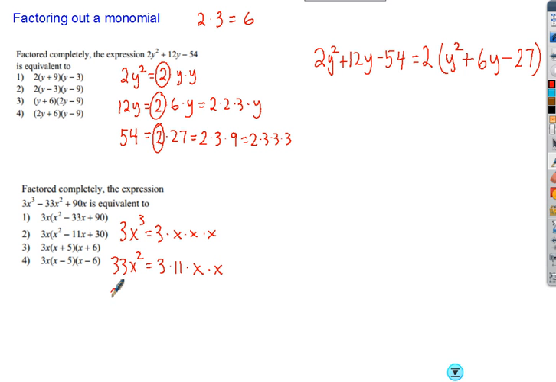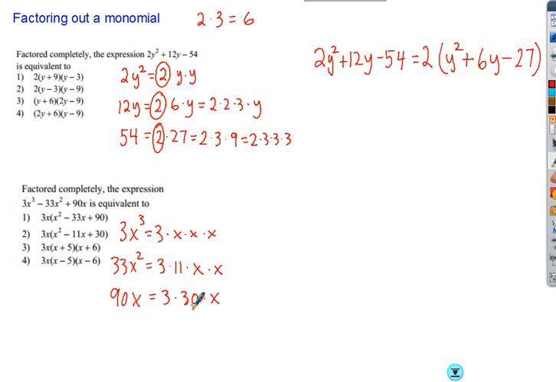And then 90x could be broken up like this.